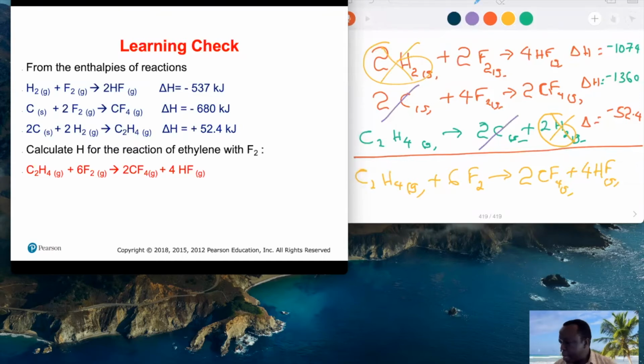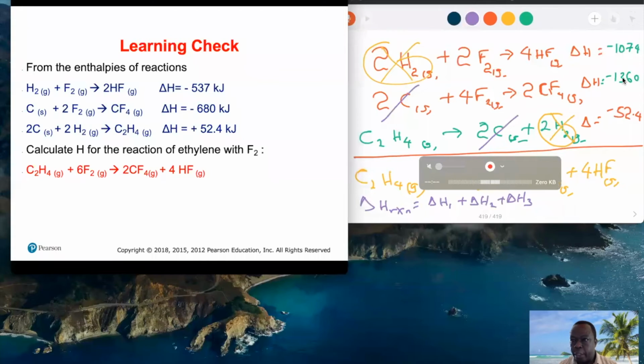Now, the question is, the enthalpy for this reaction is given by delta H1 plus delta H2 plus delta H3. 1, 2, and 3, right? It is coming from these 1, 2, 3, which means you have to add them the way they are.